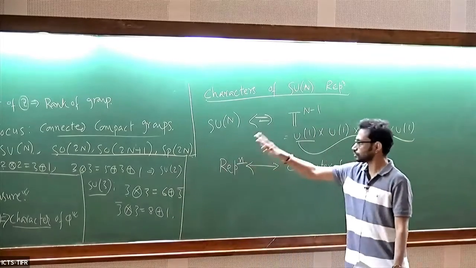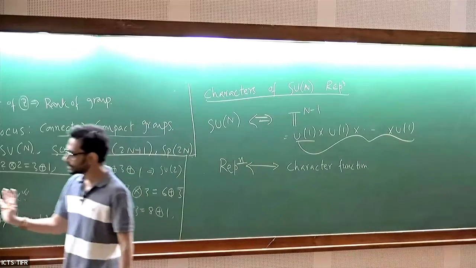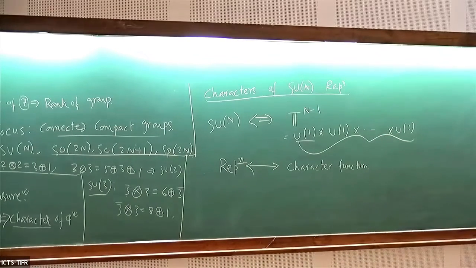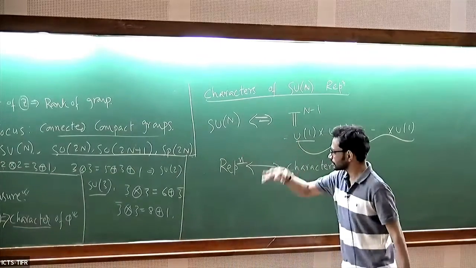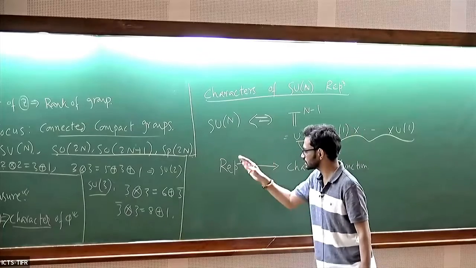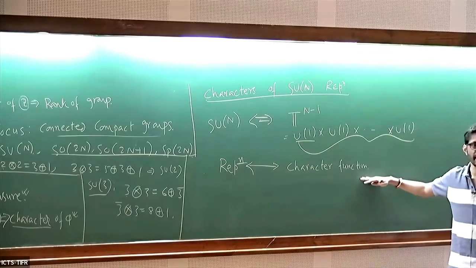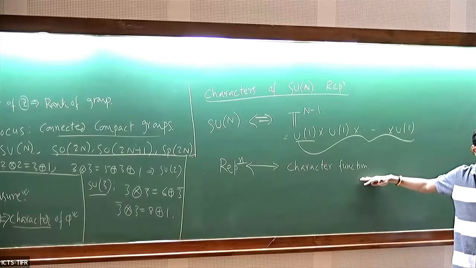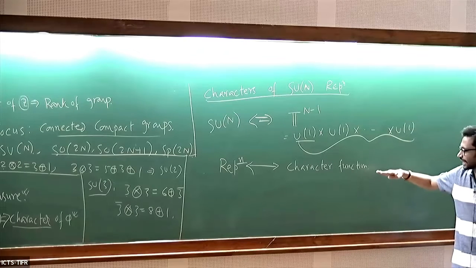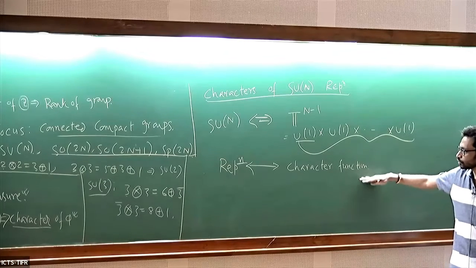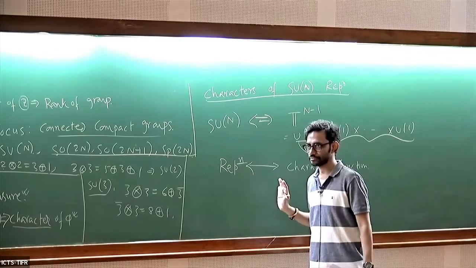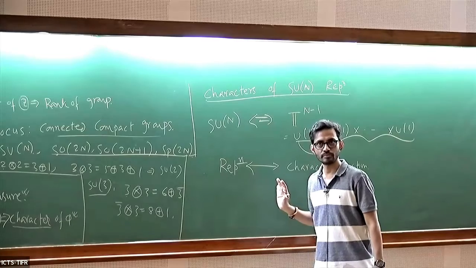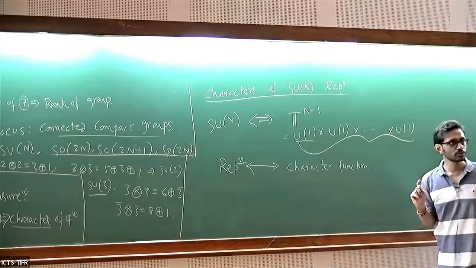So to create this kind of environment for a general compact group, we'll try to realize those representations in terms of their character functions. So that's why we have to learn how to calculate the character function for any given representation. Okay, up to this part, any question?